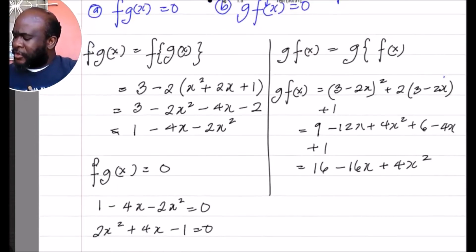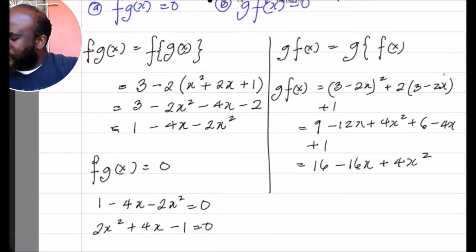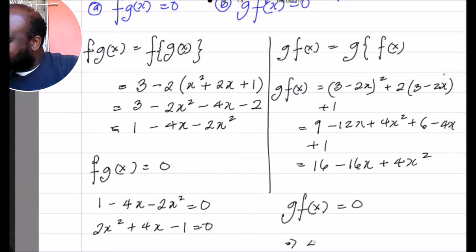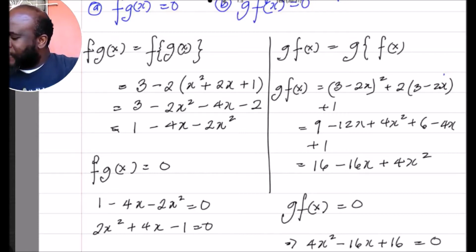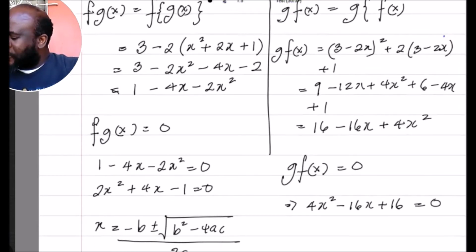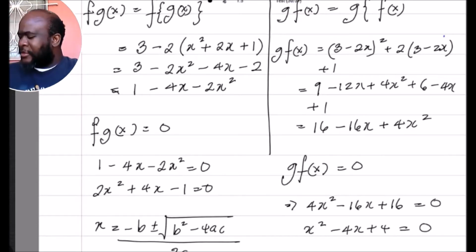Then we're asked to solve the equation g of f of x is equal to 0. So therefore 4x squared minus 16x plus 16 is equal to 0. We can divide the entire equation by 4 and we end up with x squared minus 4x plus 4 is equal to 0.